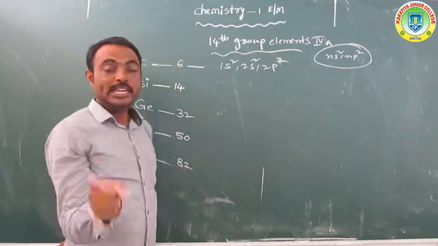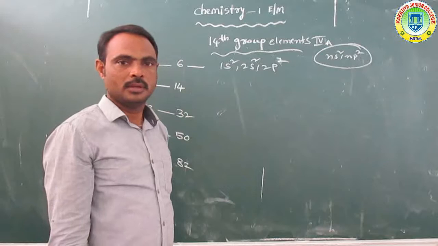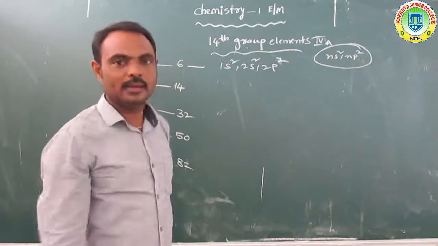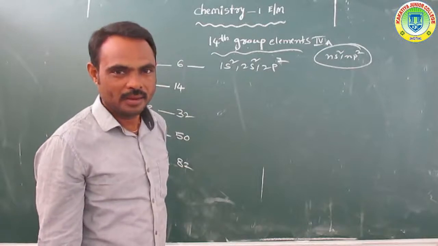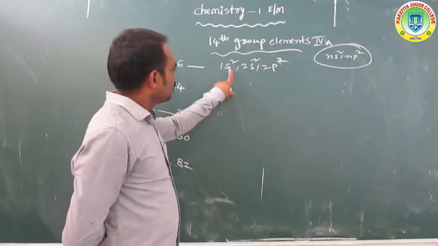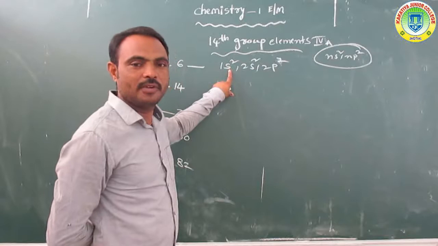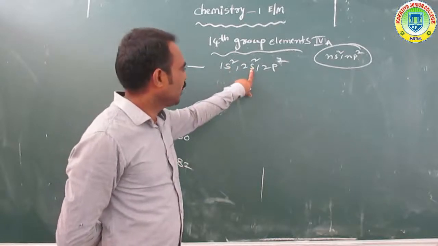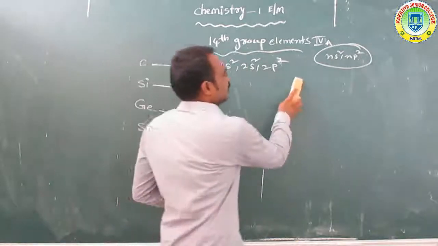Each s orbital contains 2 electrons, p orbital contains 6 electrons, d orbital contains 10 electrons. Already we know that. So the electronic configuration of carbon is 1s2, 2s2, 2p2.